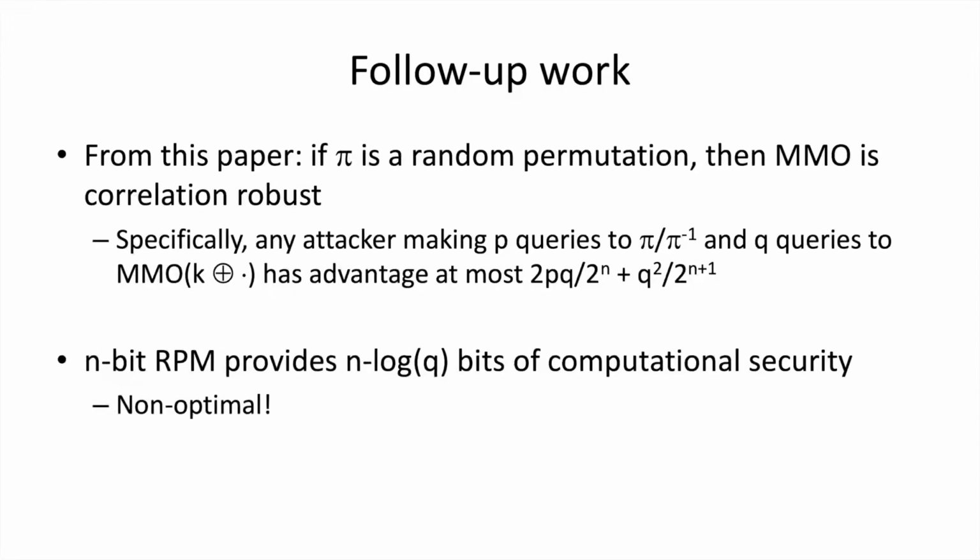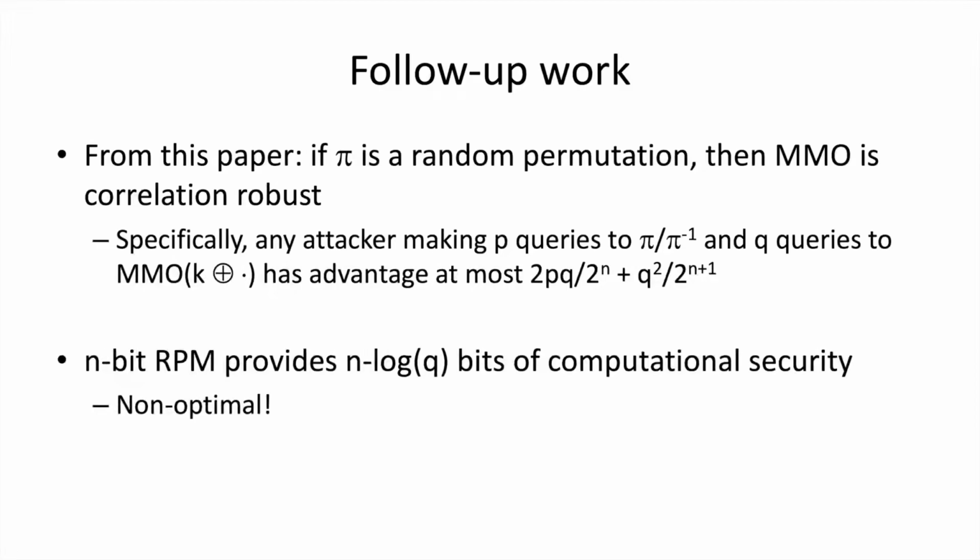However, the advantage suffers from a birthday bound. This birthday bound essentially means that given an n-bit random permutation, we can only obtain n minus log q bits of computational security, where q is the total number of hash function calls. In practice, q can be very large if the circuit size is very large. For example, if we have a billion-gate circuit, then log q is about 30.